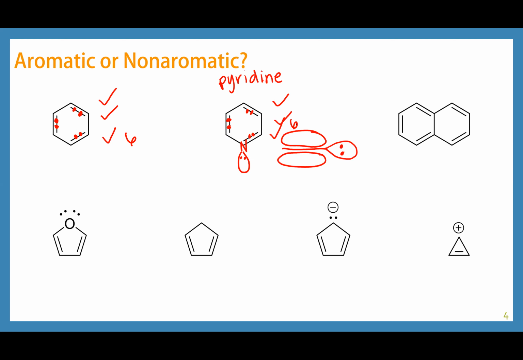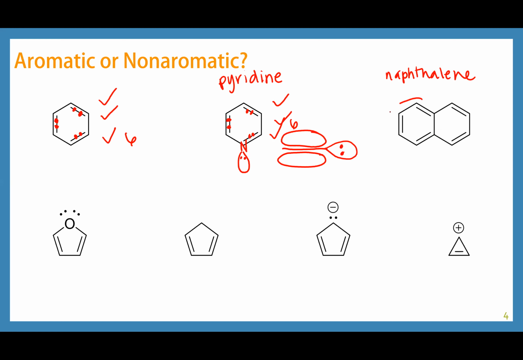Okay, our next structure is naphthalene. And this one is nice and simple, but sometimes students get a little tripped up by those single bonds coming off of benzene, which is why I included it here. When you're looking at naphthalene, you have to determine if every single carbon atom is sp2 hybridized.